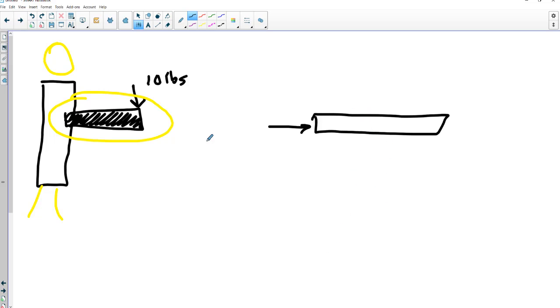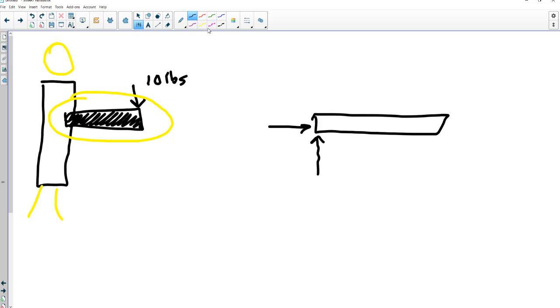If this person lets go of it, they just open their hand, what happens to it? It falls straight down. But it's not falling straight down. Why? Because the wall, or the person's hand in this case, is pushing up here. If they let go, it's going to fall down, which means the pole's not going through the person, so the person's pushing back out on the pole. The pole's not falling down. That's because where the pole touches the person, it's being pushed up.